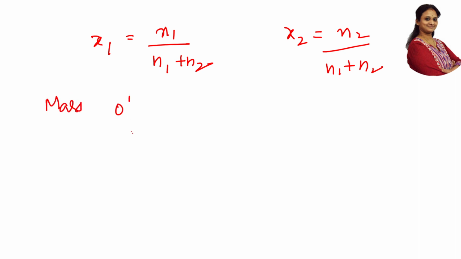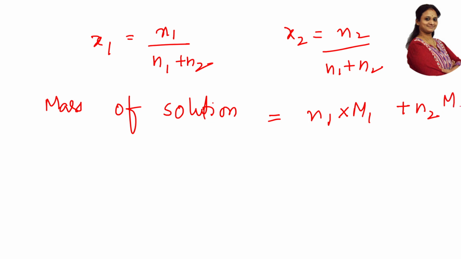See here. Mass of solution, how can I write? Here, mass of solution is number of moles into M1 molar mass plus number of moles into M2. Correct? Of the solute and solvent. Now, because I am relating mole fraction and molarity, that's why I'm trying to come along with the concept of density and volume.